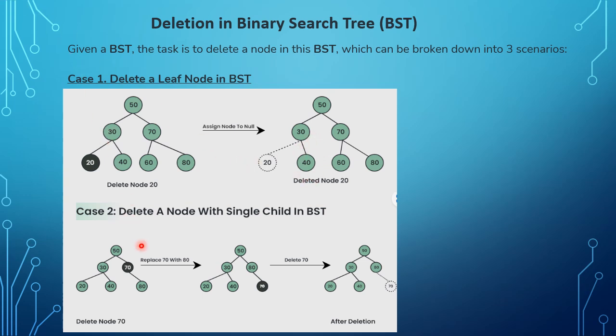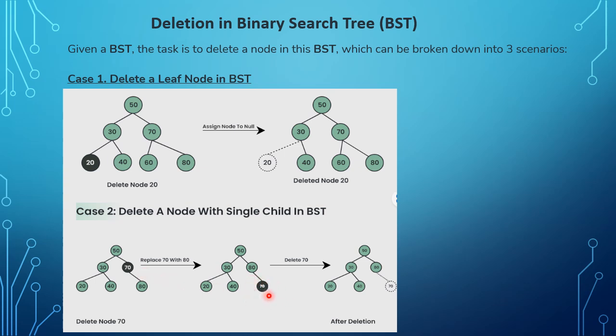Case 2 is to delete a node with a single child in BST. So what are the steps to delete a node which has one child? Let us take an element 70 which has one child, that is 80.